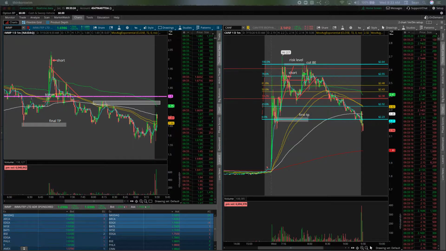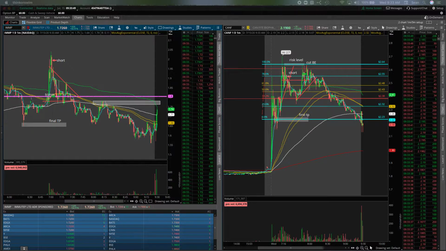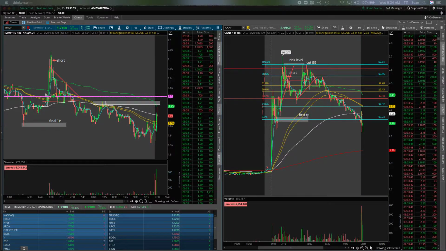It wasn't really what I wanted to do. Risk 394.80. Very tight stop. Trend line break, curl up. Waiting on the IMMP. And added IMMP.